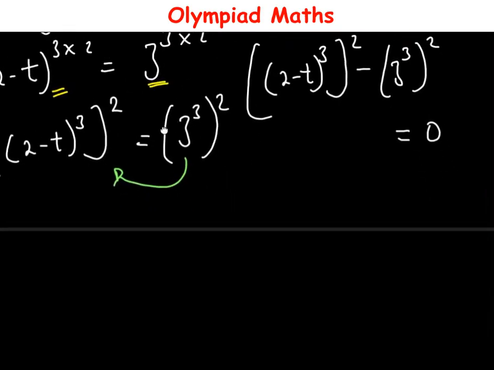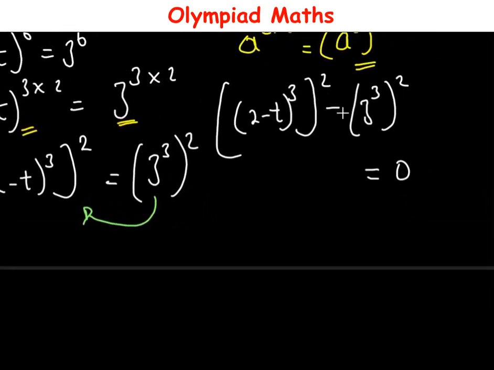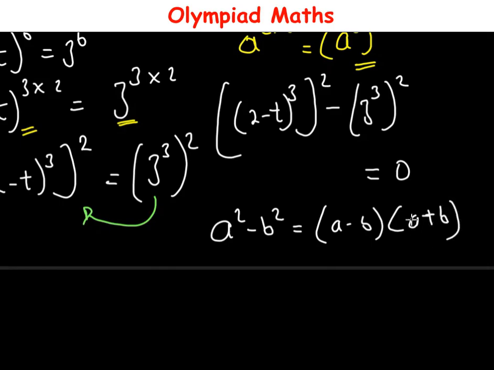With this, what we have is a difference of two squares. If you have a² − b², this is equal to (a − b)(a + b). Here the value of a is (2 − t)^3 and the value of b is 3^3.